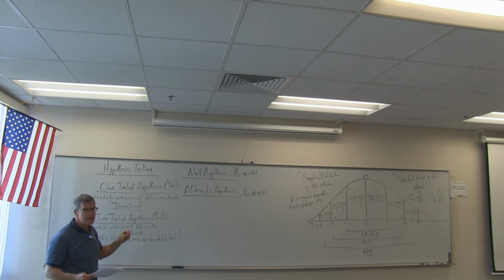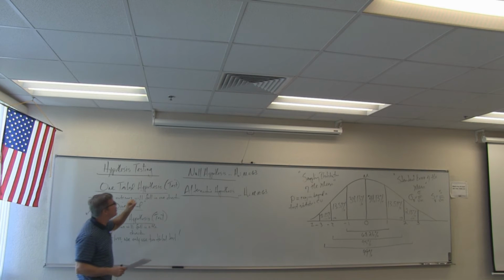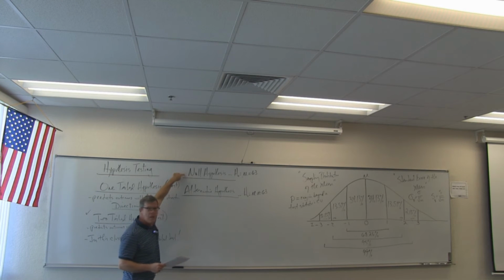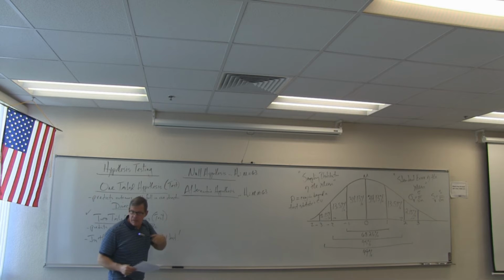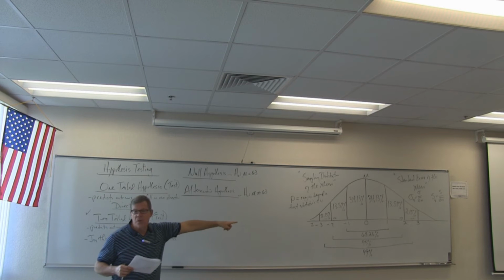So the goal in every hypothesis test is to reject the null. When we have enough evidence to reject the null, we have found statistical significance. We don't know quite what that is yet, but hint, it has everything to do with what's going on over here.